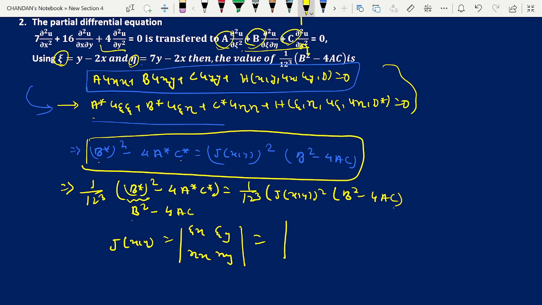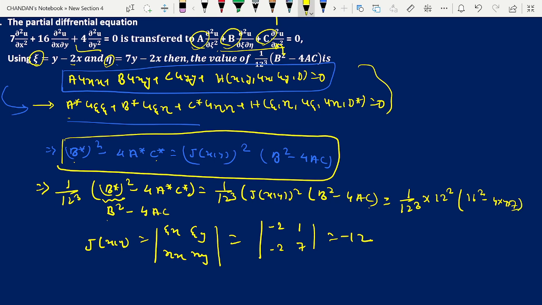Then we get xi x here as minus 2 1 and here minus 2 7, then we get minus 12. Substitute here, then we get 1 by 12 cube and here 12 squared, because minus 12 squared, then b squared we get 16 squared minus 4 into 4 into 7.